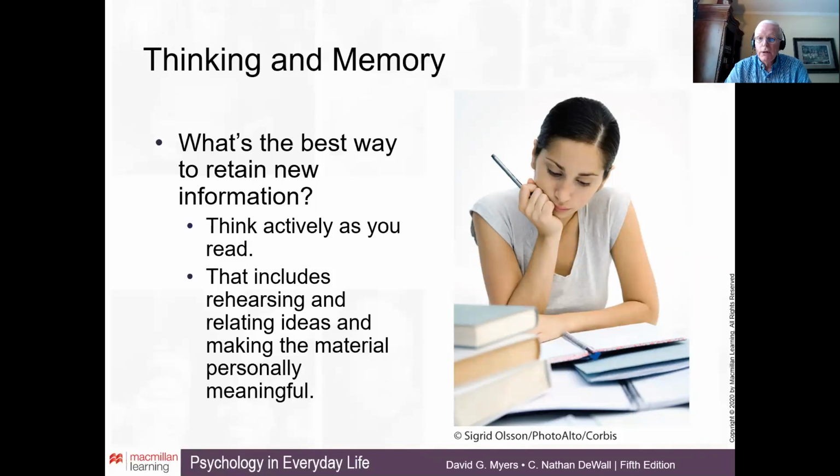We need to rehearse what we're learning, that is, go over it time and again in a spaced out sort of way. And to be able to relate our ideas to what we are learning in meaningful ways so it makes sense to us and we can relate it to what we already know and to our own life experience.